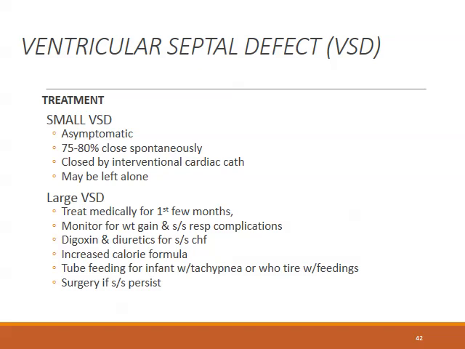Now, digoxin and diuretics will be used for signs and symptoms of CHF. They're going to increase the calorie formula. Some will be put on tube feedings for infants with tachypnea or who tire with feedings, and surgery if the signs and symptoms persist.